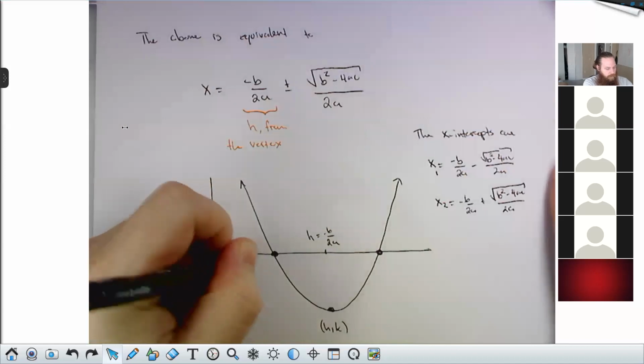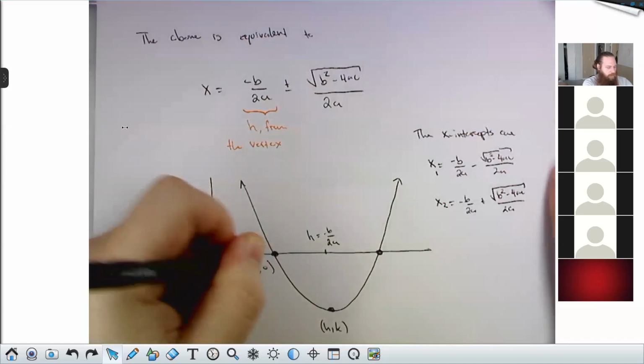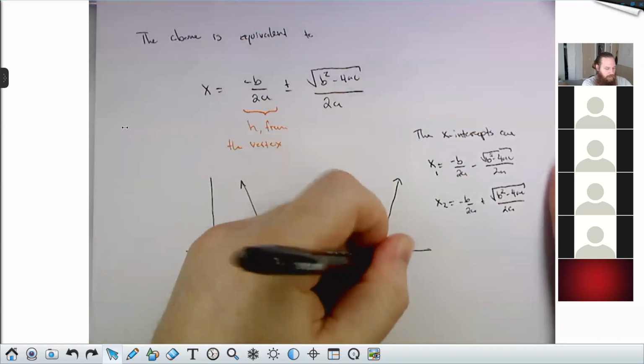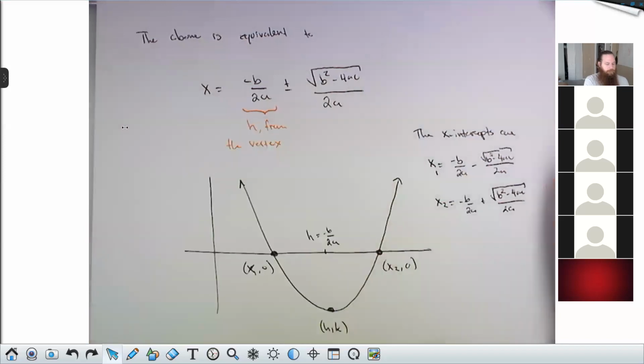So this is x1 comma 0 over here, and this is x2 comma 0 over here. The quadratic formula can be thought of geometrically as telling you to start at the x coordinate of the vertex, which is this, and then walk left or right some amount.